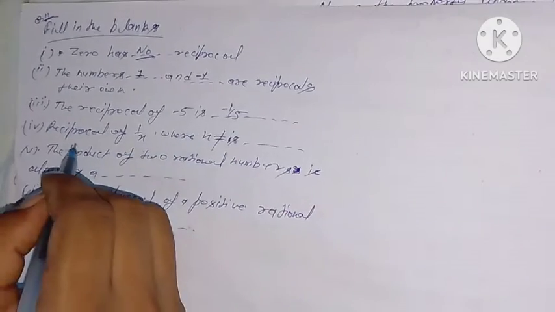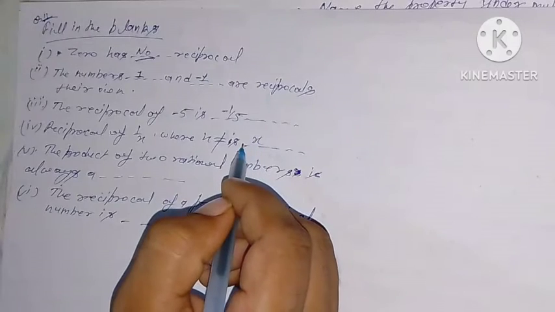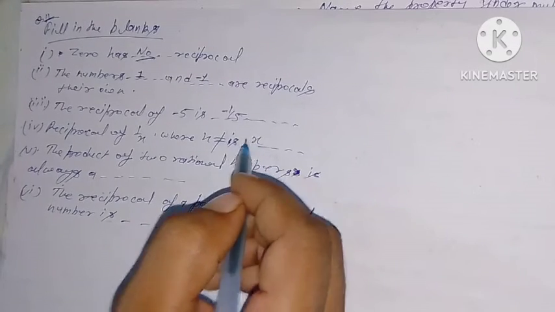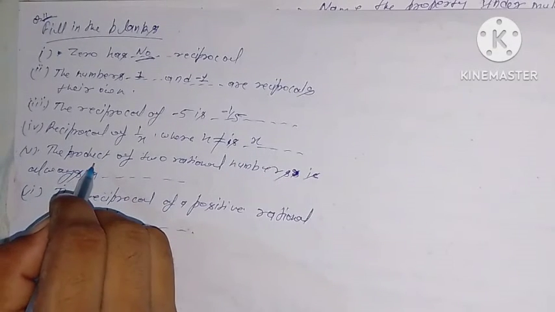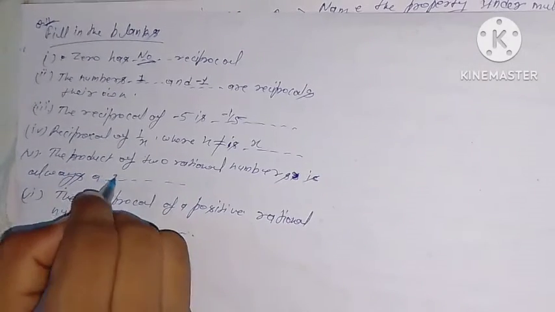Fourth: the reciprocal of 1 upon x is x. Fifth: the product of two rational numbers is always a rational number.